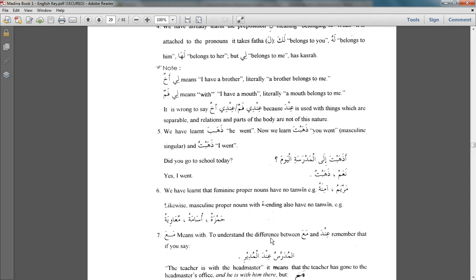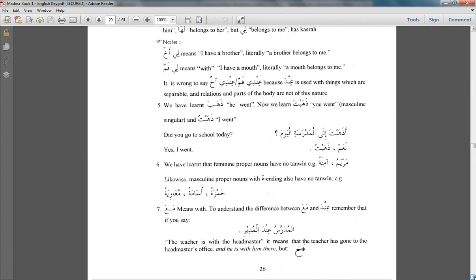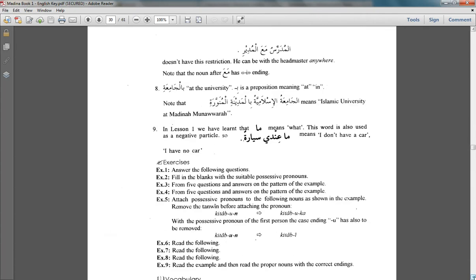Ma'a means with. To understand the difference between ma'a and inda, remember that if you say al-mudarrisu inda al-mudiri, the teacher is with the headmaster, it means that the teacher has gone to the headmaster's office and he is with him there. But ma'a doesn't have this restriction. He can be with the headmaster anywhere.